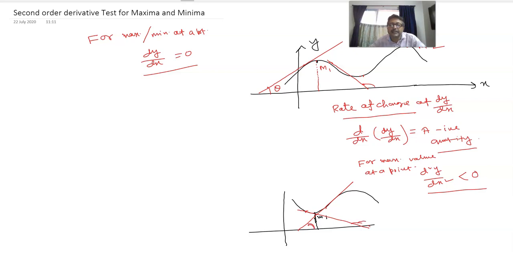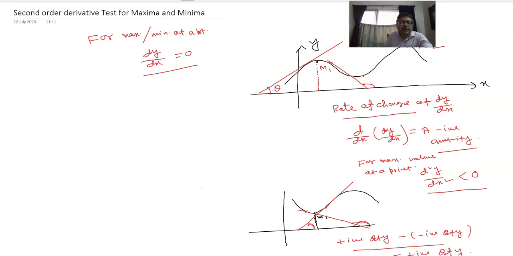The change, at the point of minima, is going to be a positive quantity minus a negative quantity. What will be around here? That positive quantity minus a negative quantity, it will remain a positive quantity.